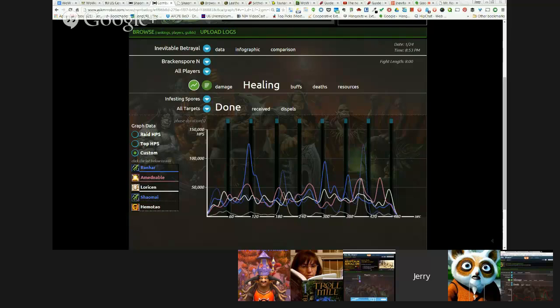What was interesting is that we're both Resto Shamans, and we seem to have a much more burst healing pattern, right? Those two blue lines. And we have Amenable and Lorison in there, in Hemo. They have much less spikiness, less variability, but a nice baseline, as I think of it. So it's interesting to see the mix of healers and what they're contributing throughout the course of the fight.